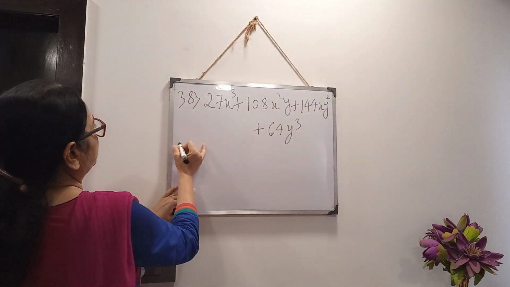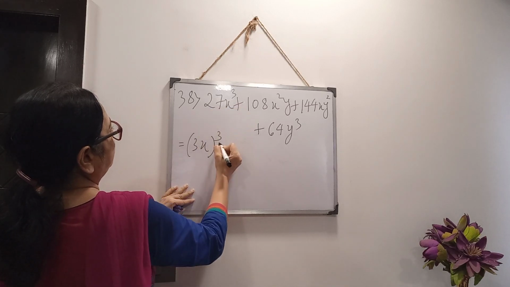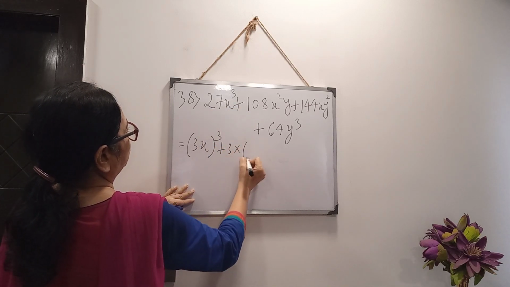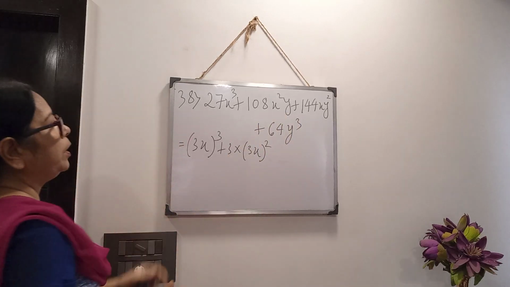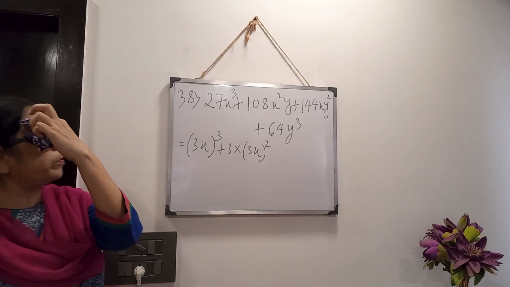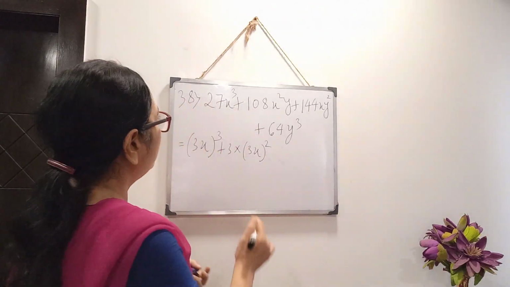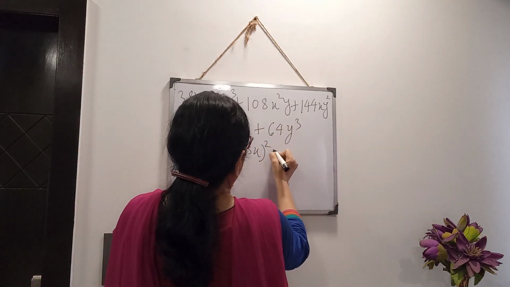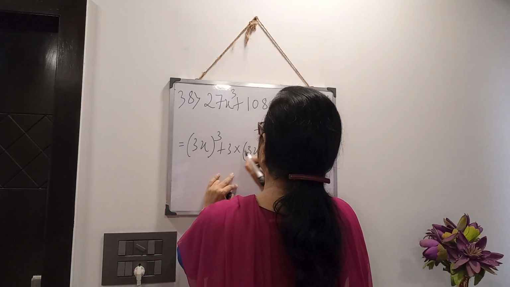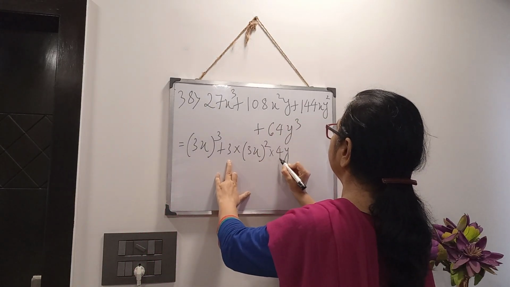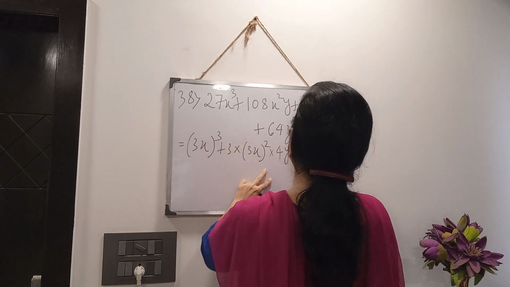So this one we can write as 3x whole cube. We have got this. Then 3 into 3x whole square. From here what can we write as b? 64y cube. 64 means 4 cube, so your b will come 4y. Clear? So 3 3s are 9, 9 3s are 27, 27 4s are 108. 108 x square y we have got.